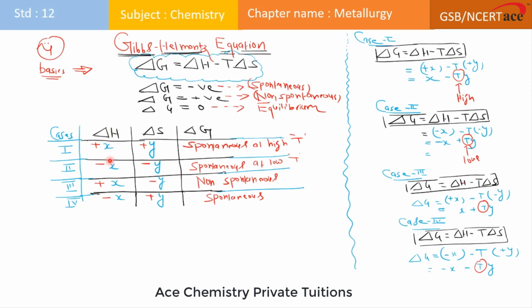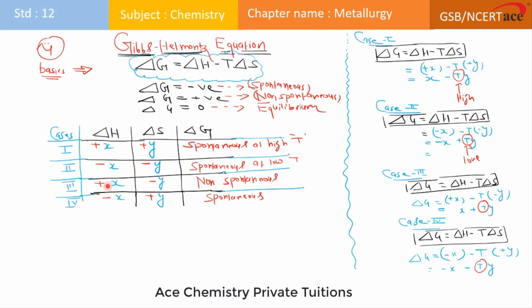In the second case, the delta H value is what? Negative. I have taken minus X, and here the delta S value is taken as what? Minus Y. So if delta H is minus, it clearly indicates the process is exothermic, and delta S is negative, meaning the randomness of the system decreases. In the third case, delta H has a positive value and delta S has a negative value.